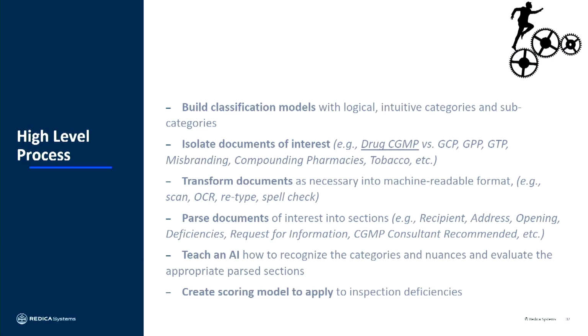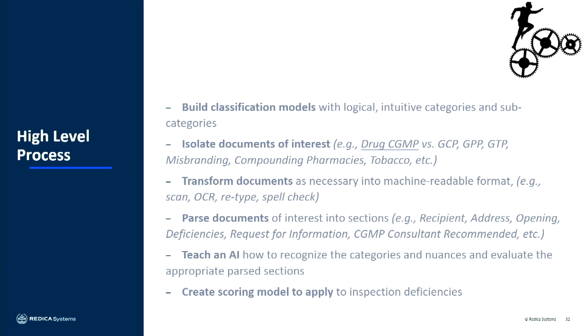Then the documents need to be parsed. Parsing is identifying the different sections in this document. So if you look at an inspection, a 483, a warning letter, there are various different sections in that document. There is only a portion of that we're interested in for this exercise, and that's the deficiencies, right? What deficiencies were found on inspection? That's what we're interested in.